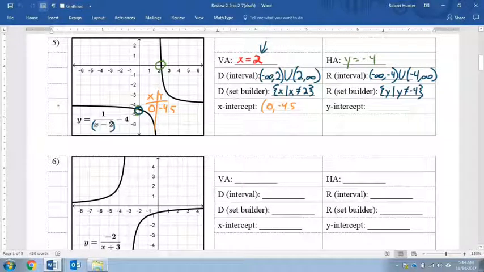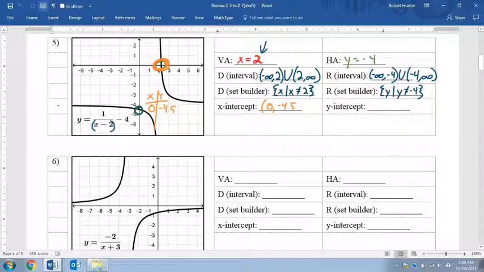For this one, I'm actually going to have to do the second calculate zeros. Okay, remember, hit second trace or second calculate, go to a zero, pick a point to the left. Now this one's going to be a little more interesting because a point to the left, I can't go way over here. Actually, I think I can. Let me see if I can do that. Left bound, let's do 0. Right bound is 5. Yeah, I found it.